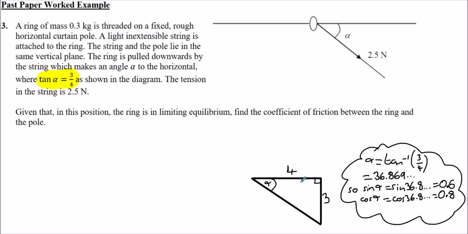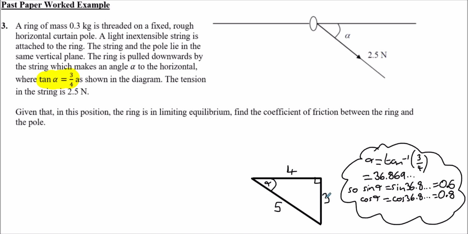But from this construction, we can then work out what the corresponding hypotenuse would be by using Pythagoras. This side, squared, would be 3 squared plus 4 squared, which is 25. This side would therefore be the square root of 25, which is 5. Then we can use the idea of what sine is.